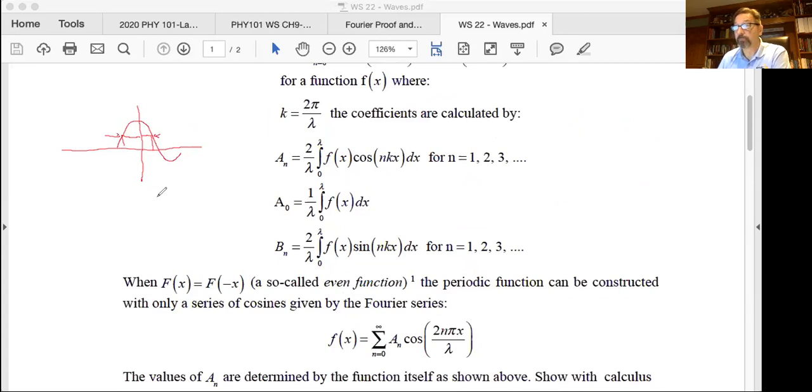That makes it even. On the other hand, sine doesn't look like that. If I go out some positive angle on sine, well, it's the same number, it's just negative if I go on the negative angle. We call that an odd function, odd and even. Parabolas are generally odd, right? I'm sorry, parabolas are generally even.